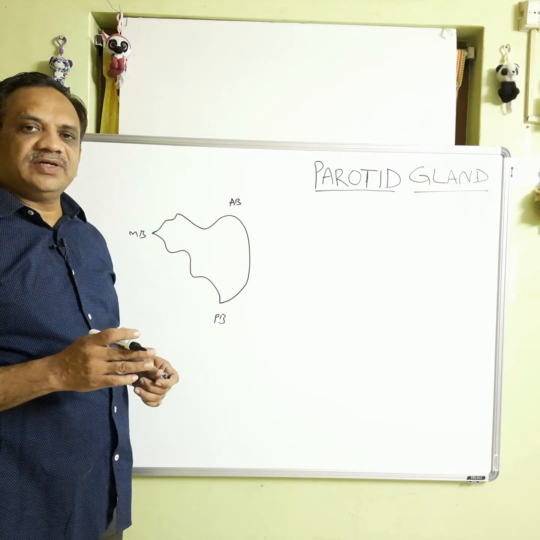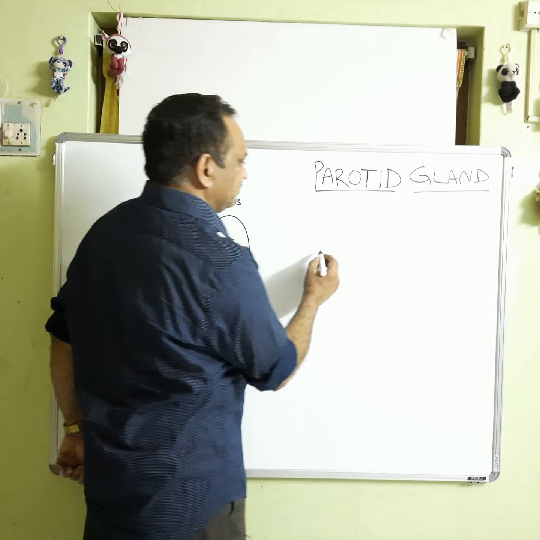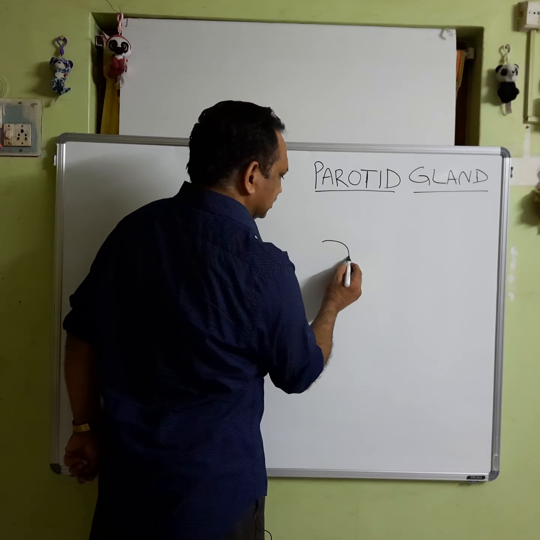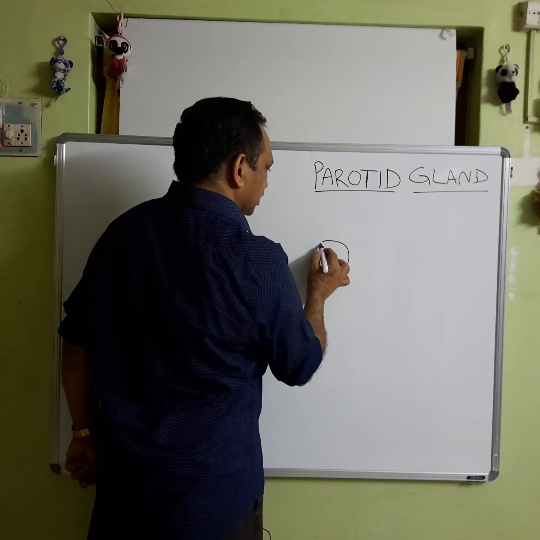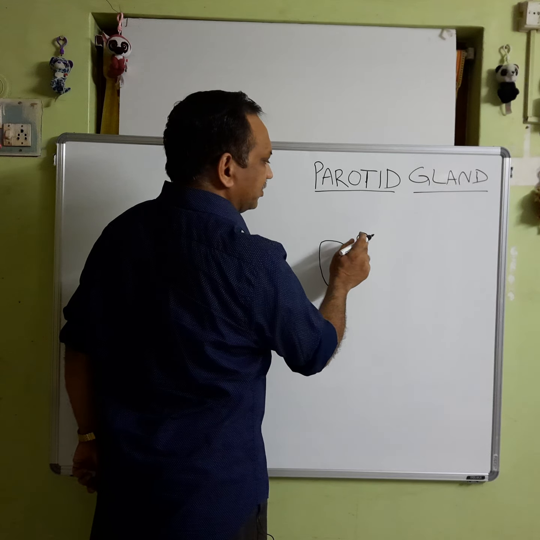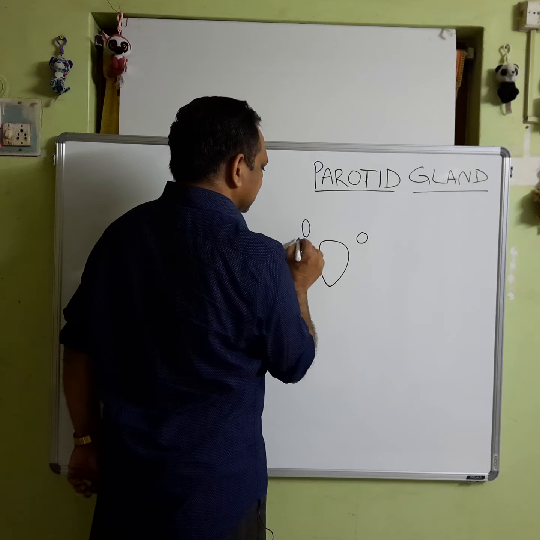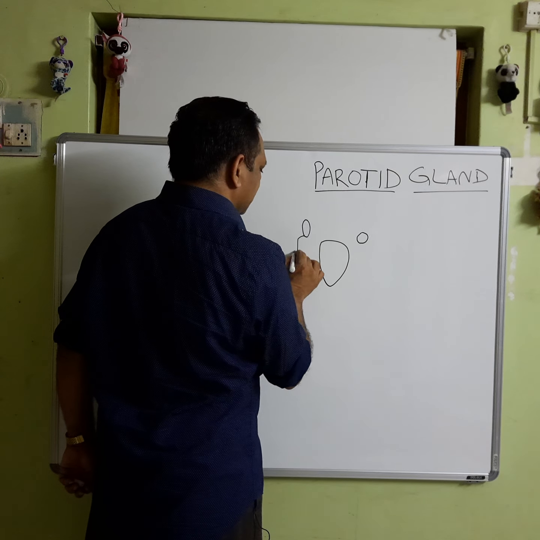The deep cervical fascia splits and encloses the gland. If this is the gland in the lateral view, here is the zygomatic arch, and here the external acoustic meatus and the styloid process.